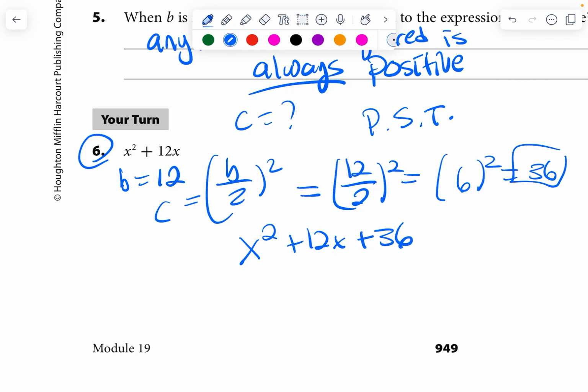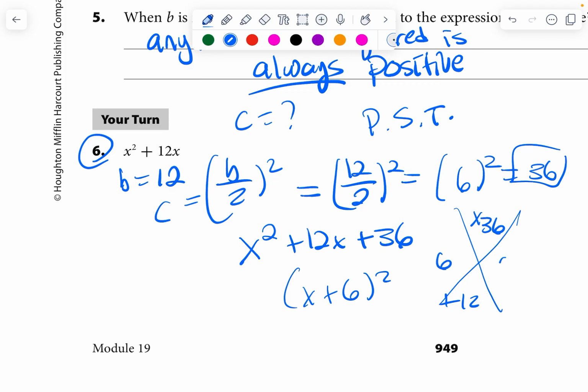And I know that if I was going to factor it, that's where we're headed next. I know that would be x plus 6 squared because I can use the perfect square trinomial, or I can use my x method and see what multiplies to give me 36, but adds to give me 12. I know that's 6. I know a is 1, so it'd be 1 over. I could use that method too and get to the same place.